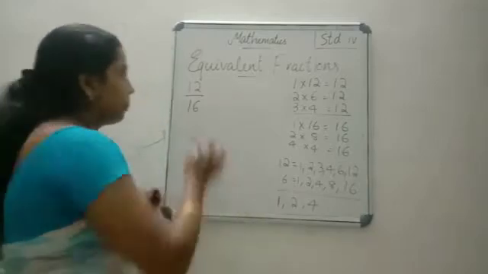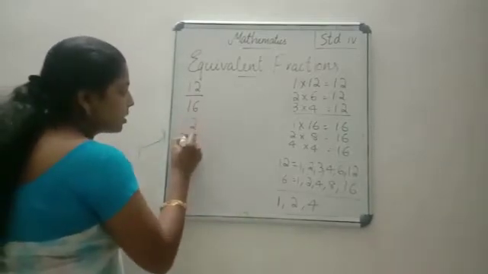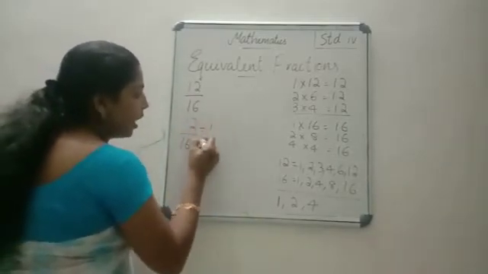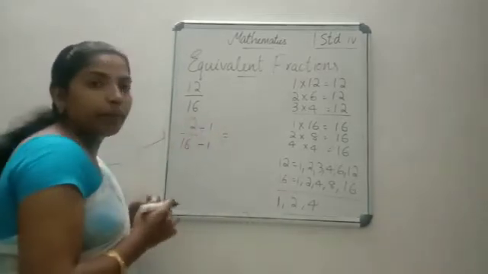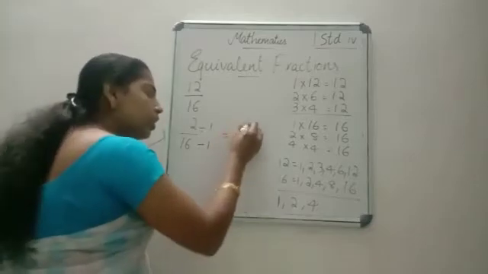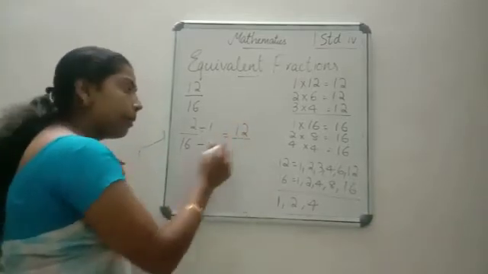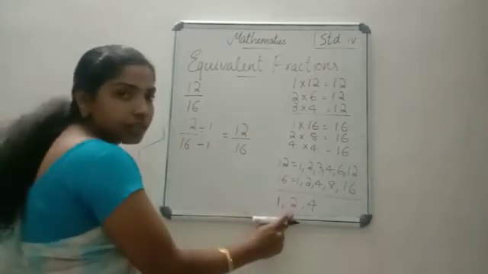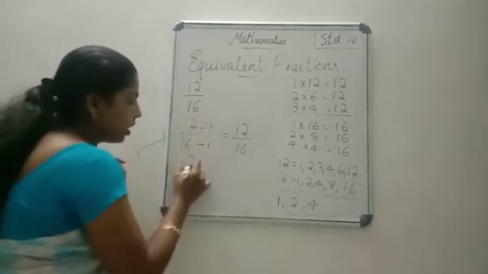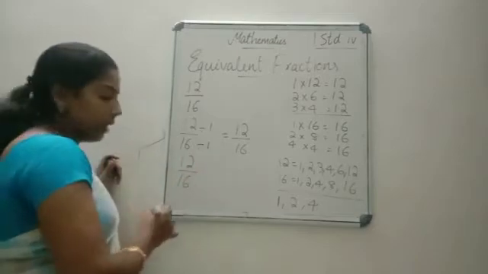Take the first fraction, 12 by 16. Divide the numerator and denominator with that number. So 12 divided by 1. What is 12 divided by 1? 12 itself. 16 divided by 1 is also 16 itself. Next number is 2. So take the next fraction, 12 by 16.